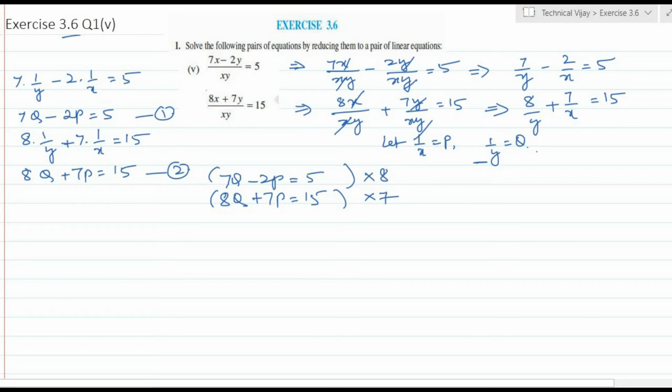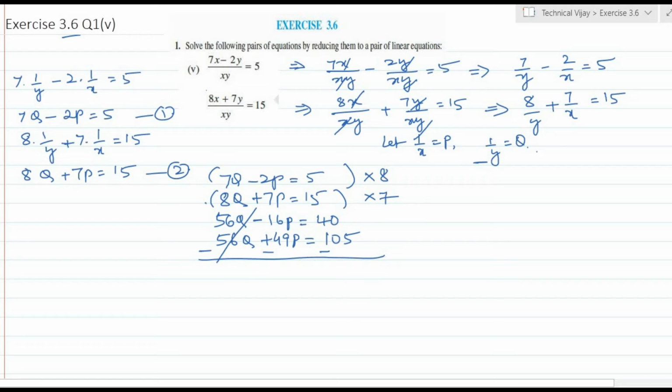So 7 eights are 56q minus 16p is equal to 8 fives are 40. This can be written as 56q, here 7 sevens are 49, plus 49p is equal to 7 fives are 35, 7 fifteens are 105. Here we will subtract these equations. 56q cancels.